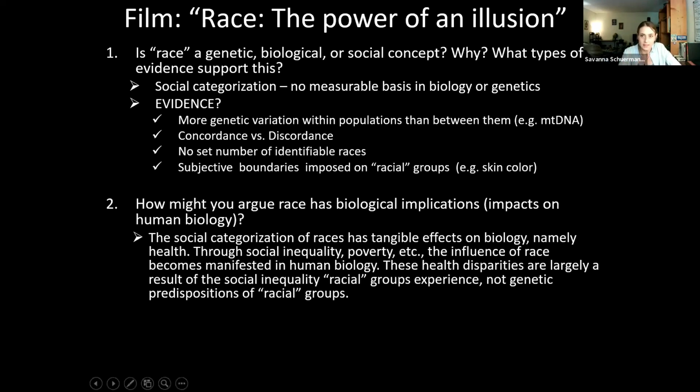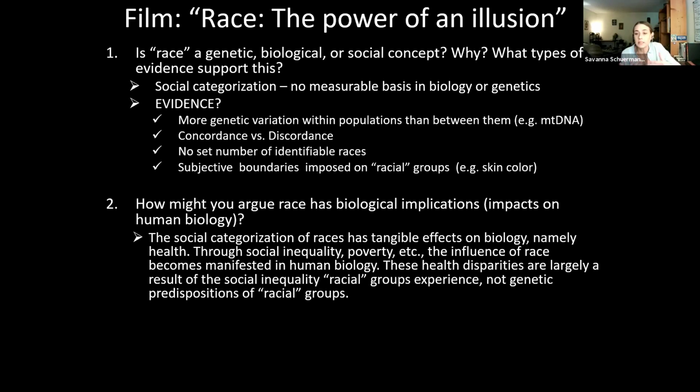There's this great article by a biological anthropologist, Gravely, and they're talking about this and looking at how can we actually measure this scientifically, that the health disparities, like high blood pressure or type 2 diabetes or heart disease, come from the social inequality rather than the biology.